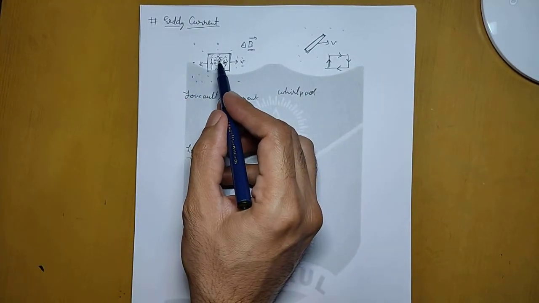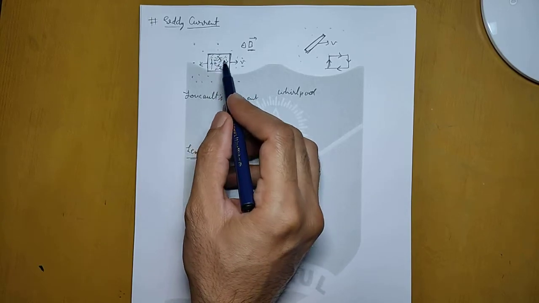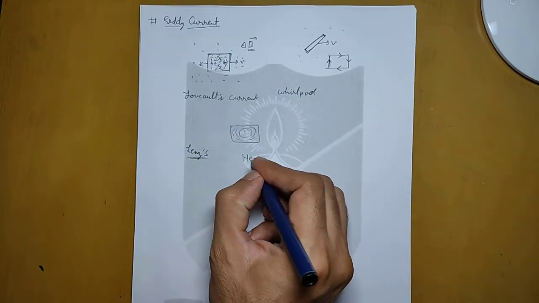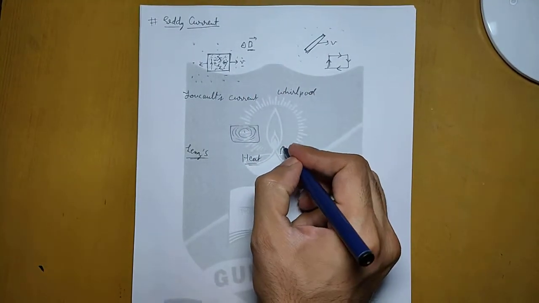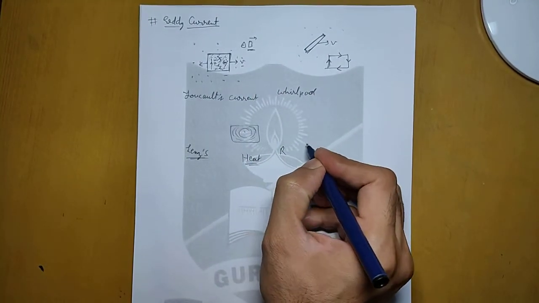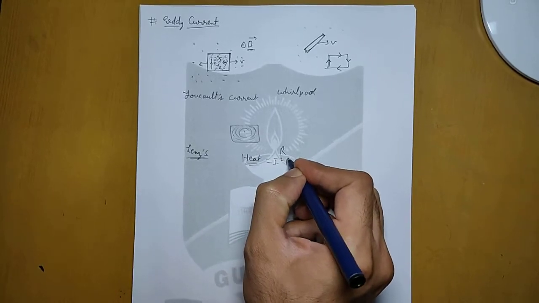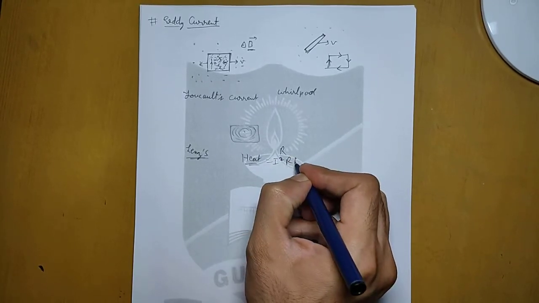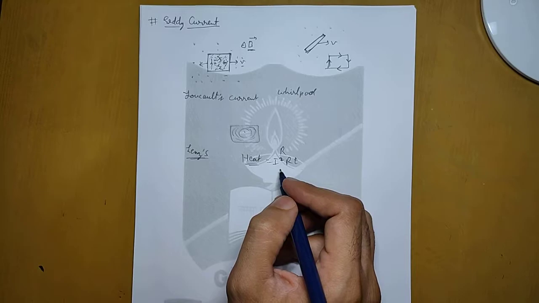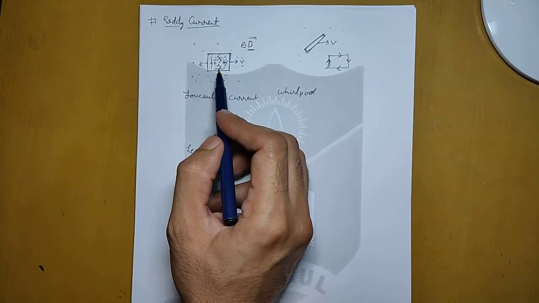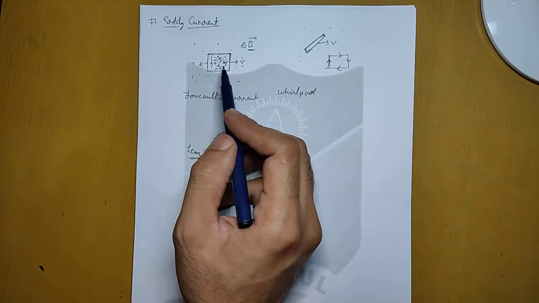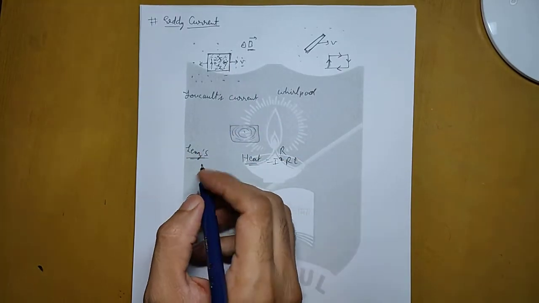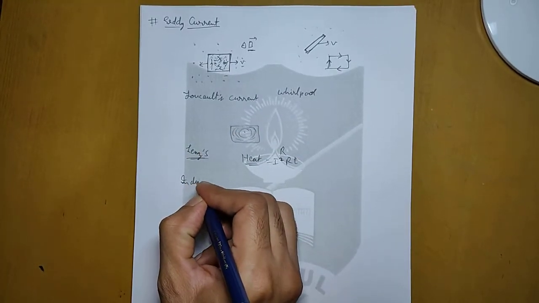Because of the induced current, heat is generated, because obviously the metal piece will have some resistance, so heat will be generated given as I square R T. Because of this heat, the applications of eddy current generally involve the use of heat. The most basic use of eddy current is the induction furnace.